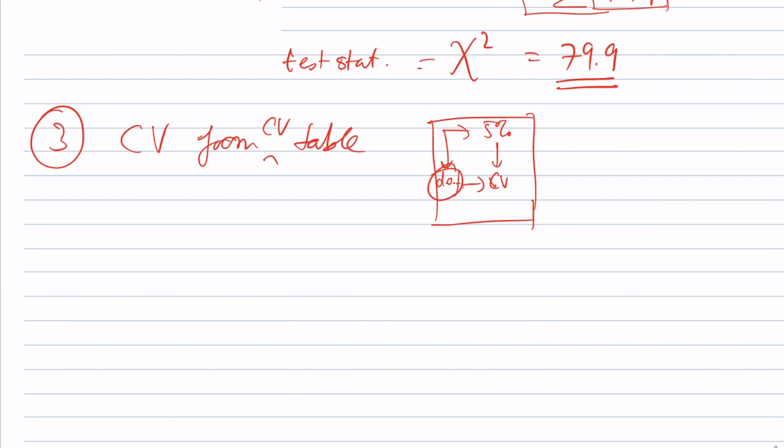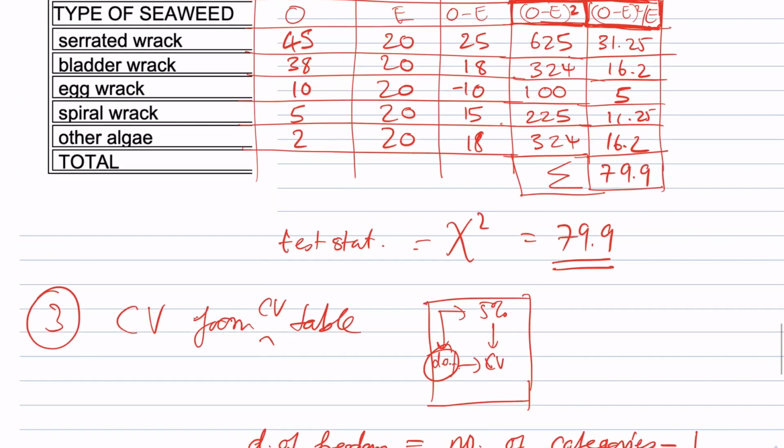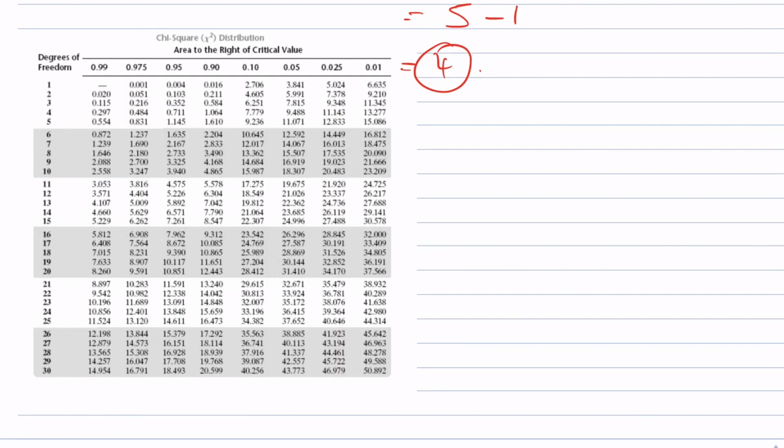Now for a chi-squared test, the degrees of freedom is equal to the number of categories from your original data, minus 1. So we had, let's check, 1, 2, 3, 4, 5 categories. So our degrees of freedom is 5 minus 1, which is equal to 4. Now we refer to the chi-squared critical value tables.